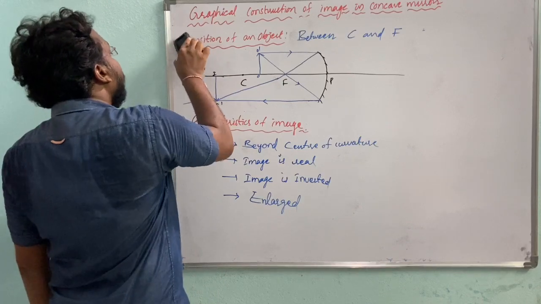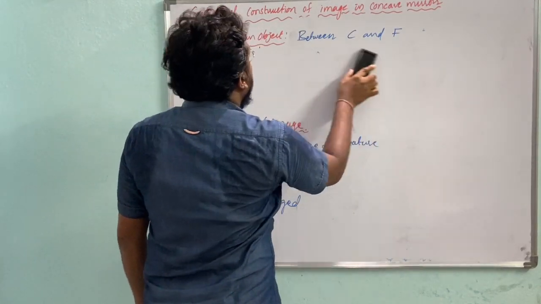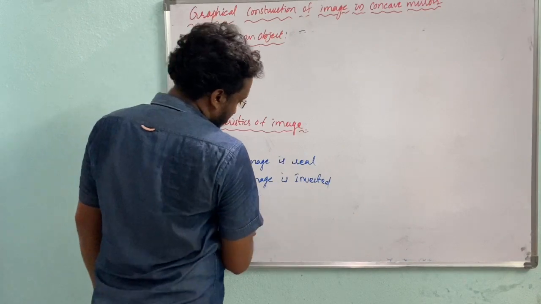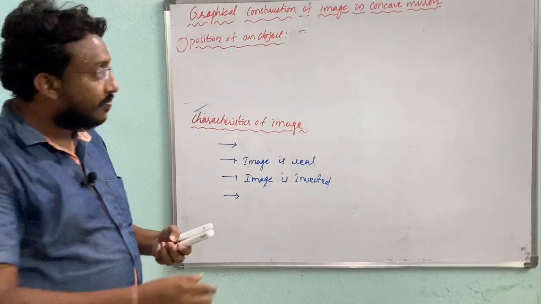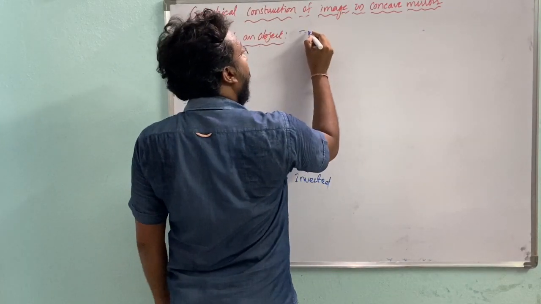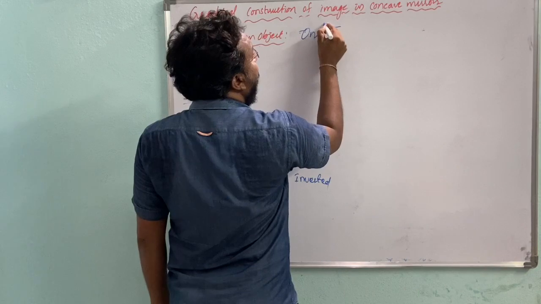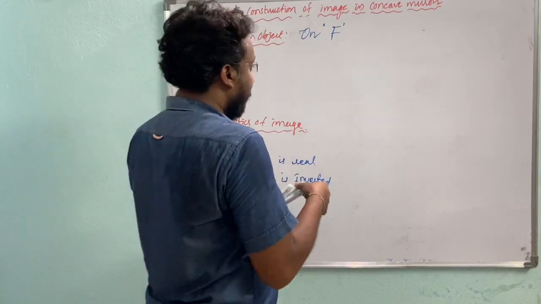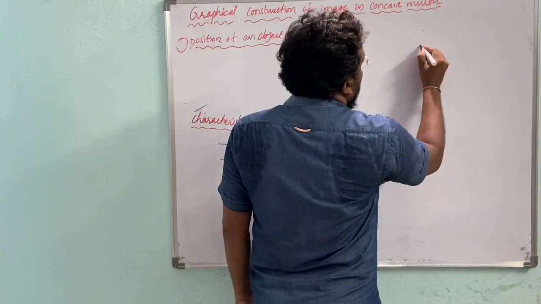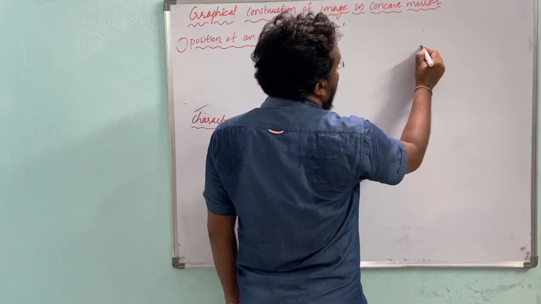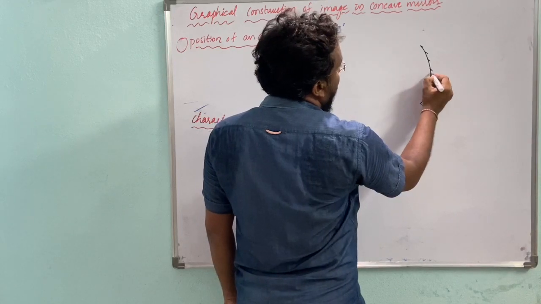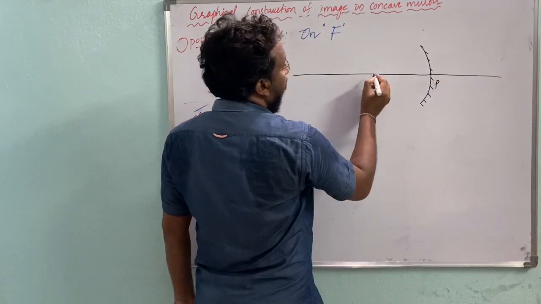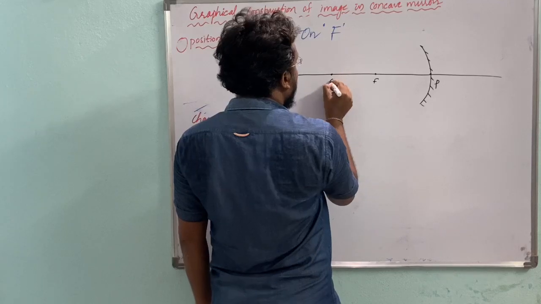Next, object on F, or on focus, right? Okay, next, concave mirror, pole, focus, center of curvature.